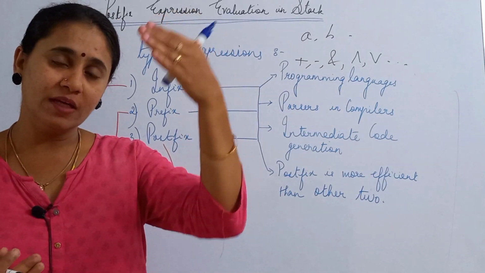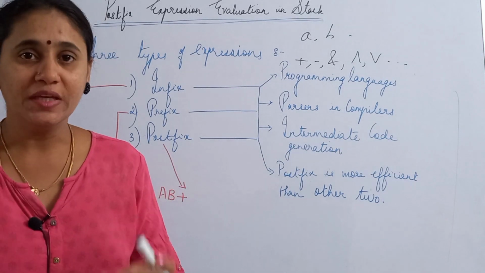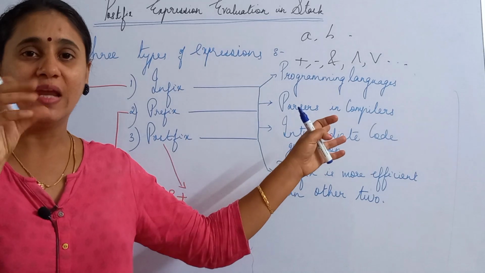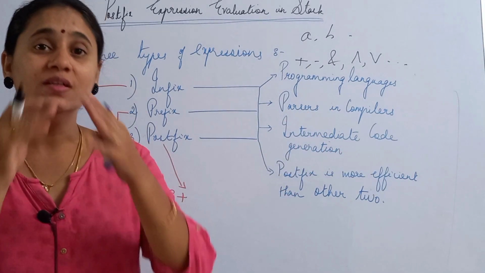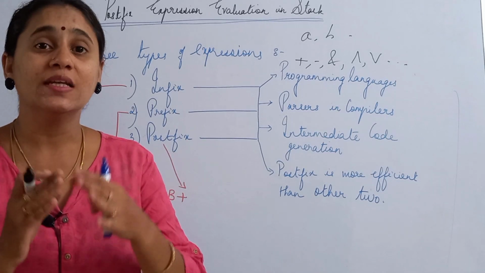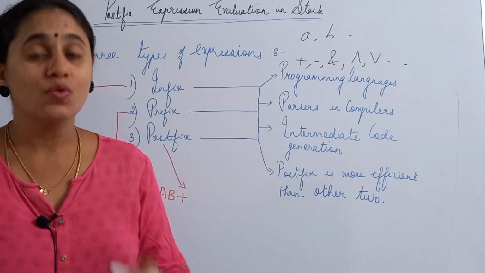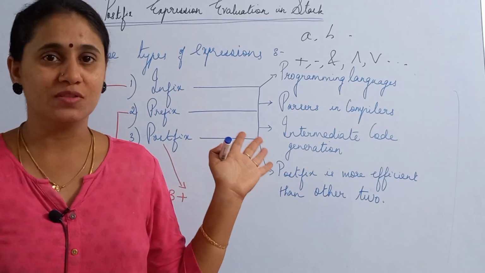Once the expressions are given by the customers or by the applications, the parser generates each and every operator and operand, and constructs a tree structure, like binary trees, which we may call a syntax tree. So for that also we are using these expressions as a very important one.